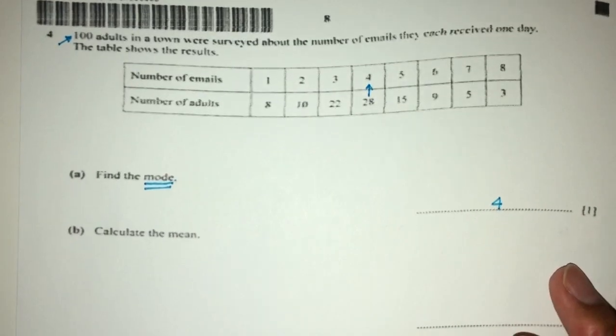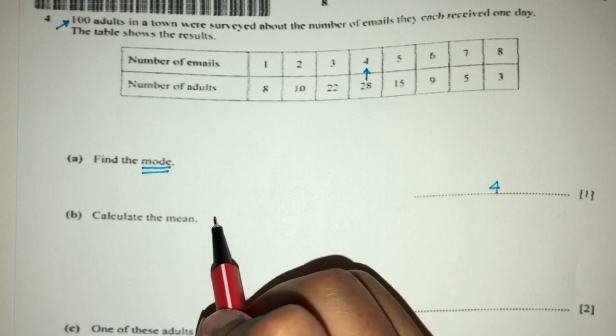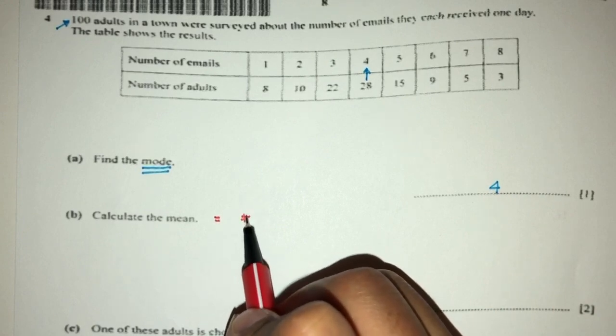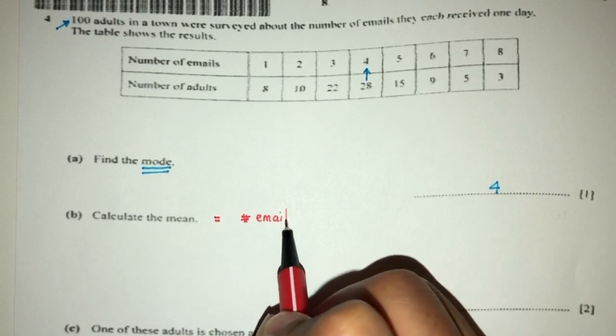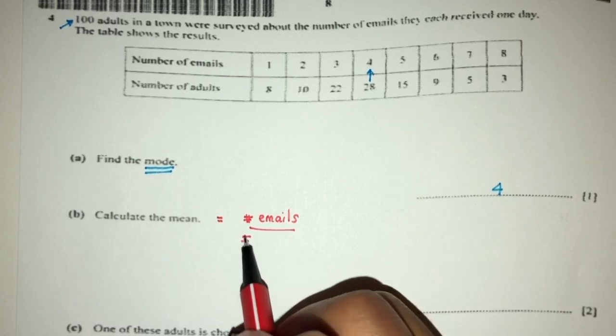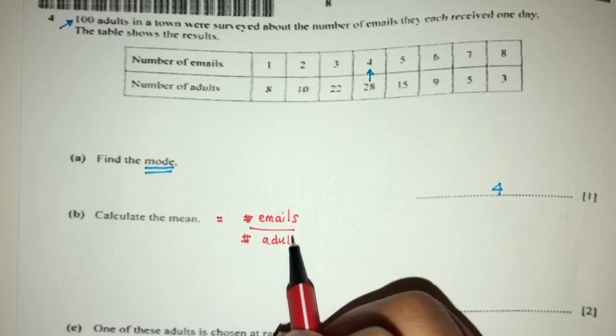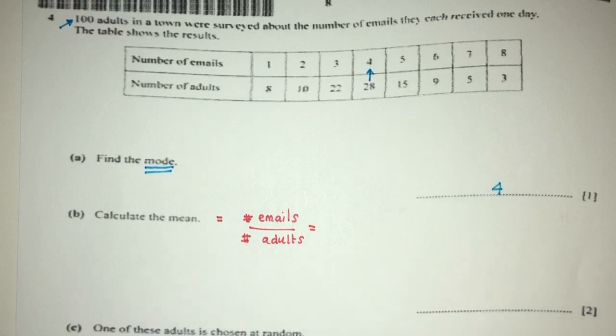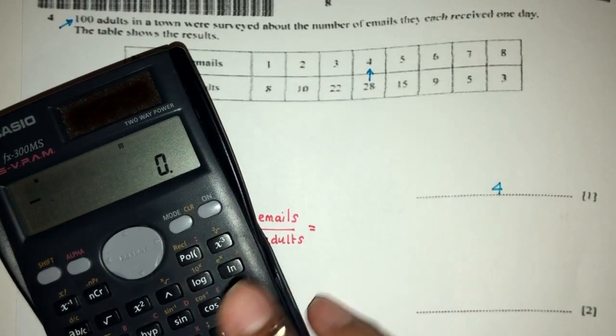Now for part b, we have to find the mean. Pretty easy. That will be the total number of emails divided by the total number of adults. So let's find out. We just have to multiply them by each other.